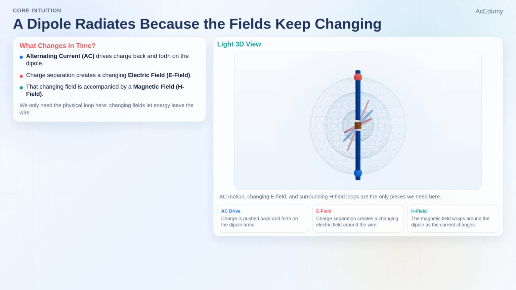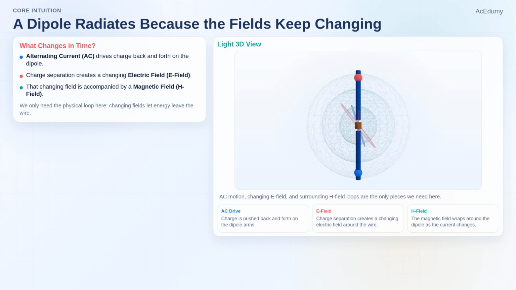Start with a dipole fed by an alternating current or AC source. As charge oscillates back and forth, charge separation develops across the two arms. That creates a change in electric field or E field between the conductor regions. Because the electric field changes with time, a magnetic field or H field appears around the current path.